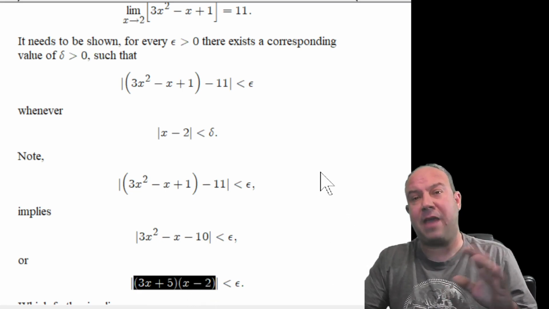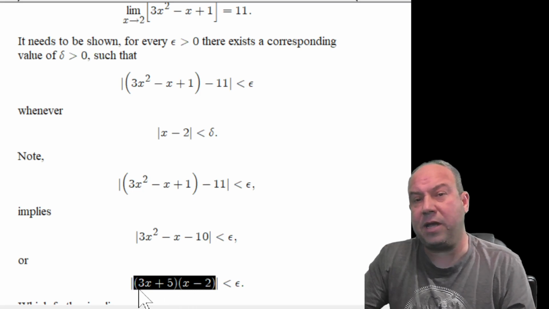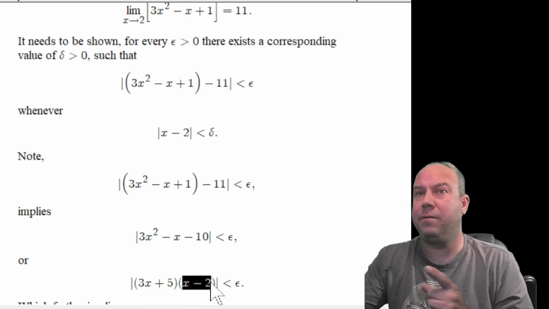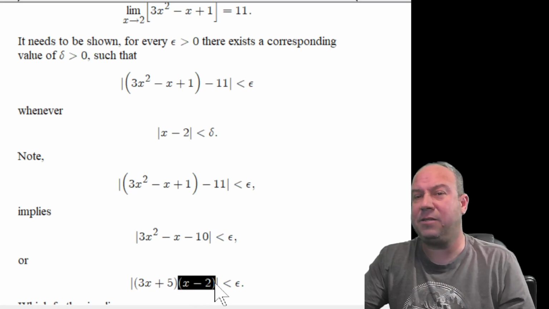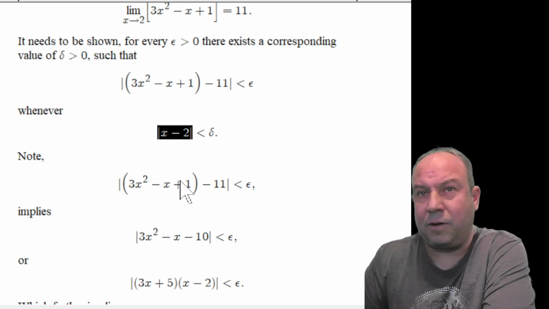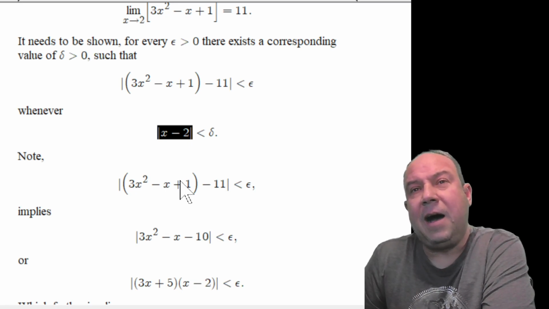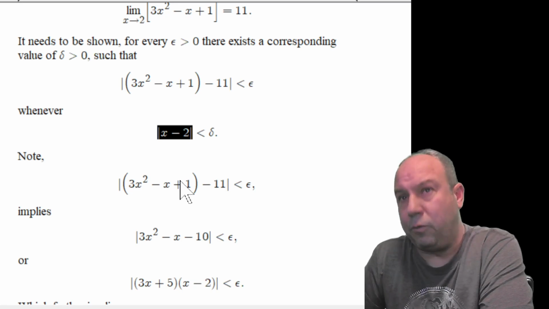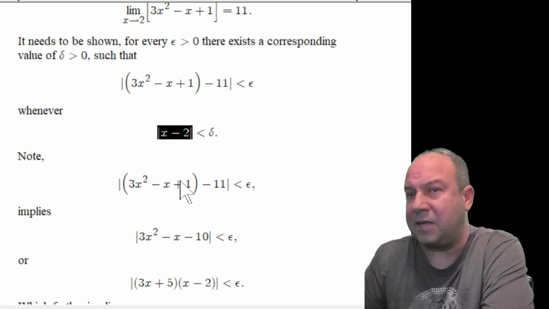We can factor that into the product of the linear factors 3x plus 5 and x minus 2, where, hold on, x minus 2 should ring a bell because it is the value you're searching for to begin your proof, the absolute value of x minus 2.